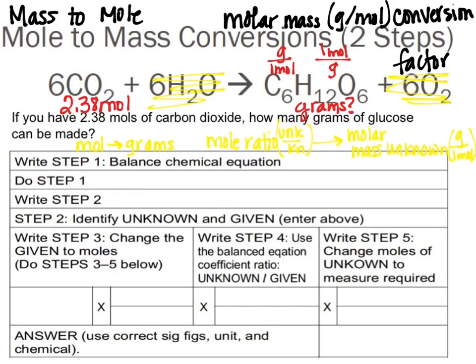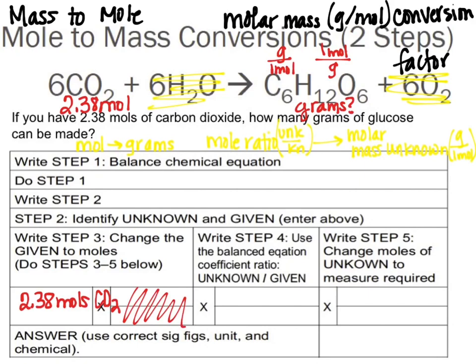So let's go ahead and start our problem. The problem says to change the given to moles. Well, we're already in moles, so I'm just going to write 2.38 moles of carbon dioxide. Next step is you need the mole ratio of your unknown over your known.